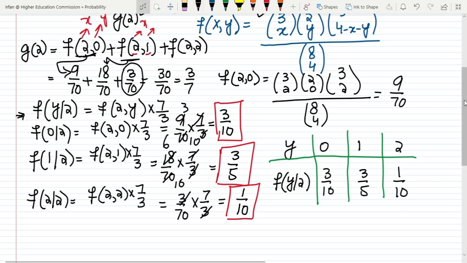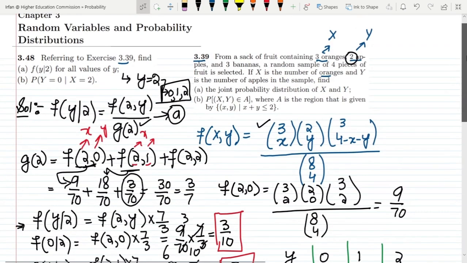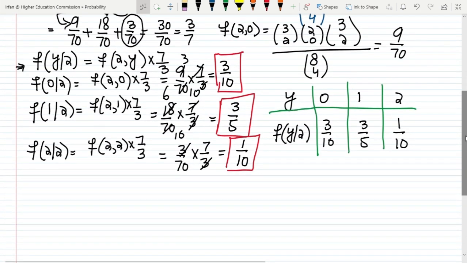Now moving towards part B of our question, find the probability of y equal to 0 given x equal to 2. This is also similar to f of 0 given 2. Let me see whether I had found it out or not. Okay, this is already given here.